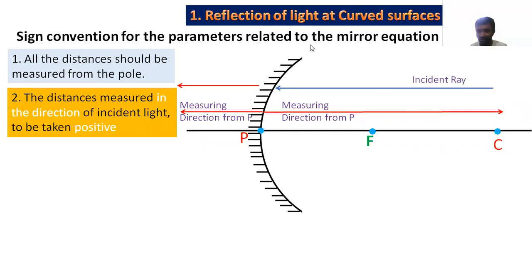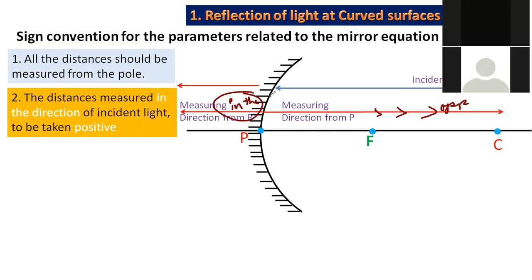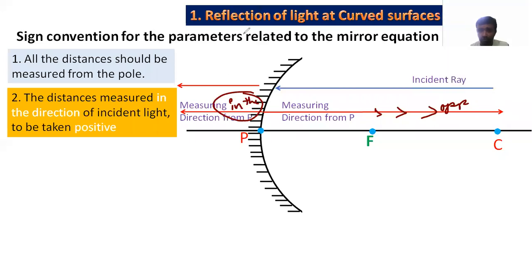This red color line is opposite to the incident direction, and this is in the direction. Okay. I think it is clear to everyone now. Just respond. If there is any confusion, I will try to change. Right. So clear. So this is about the second point.